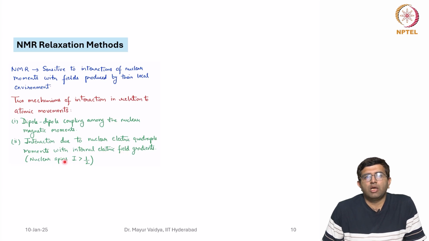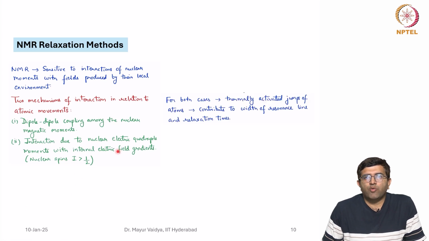This happens for nuclear spins I greater than 1 by 2. For both these cases, the thermally activated jumps of atoms, which is the diffusion process, contribute to the width of the resonance lines and the relaxation times.